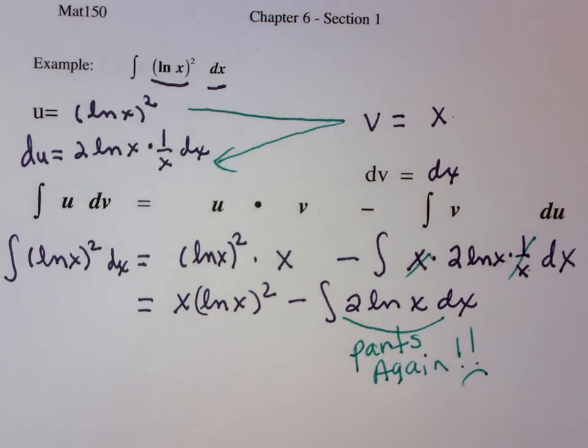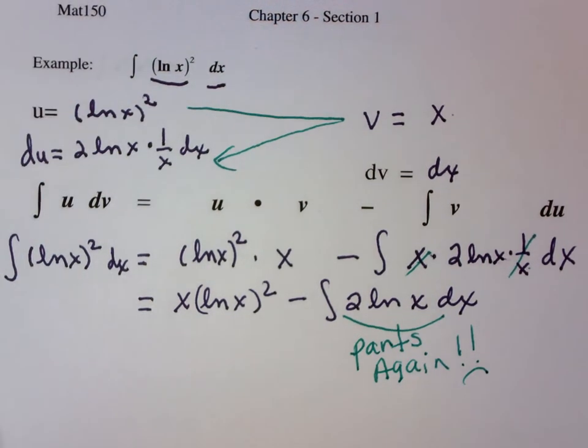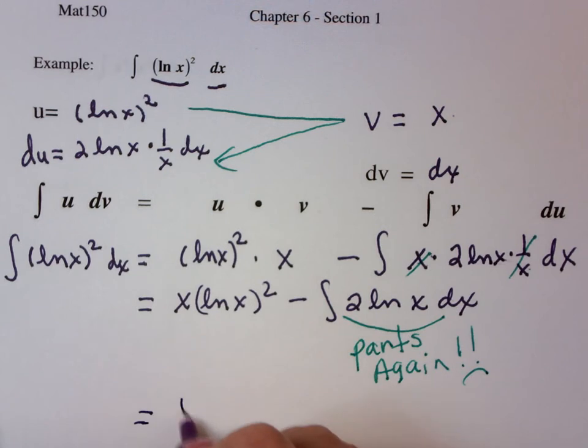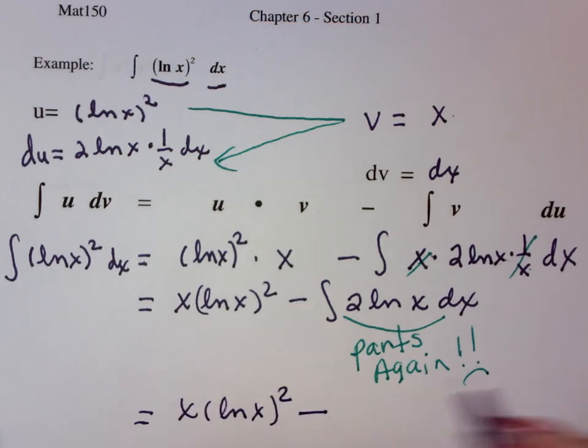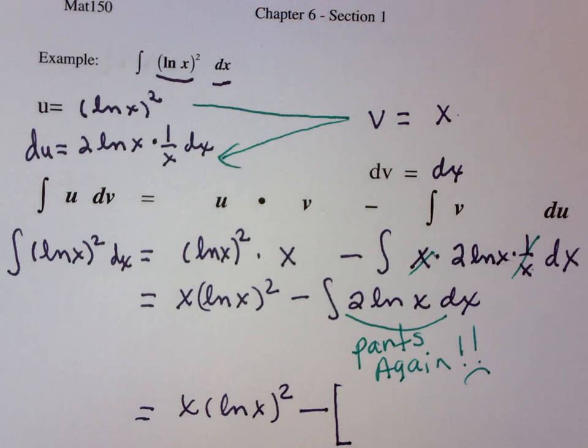On that I have to put a frowny face. So what I'm going to do, this is x natural log of x squared minus, and there's going to be a bunch of stuff after that, so here we go.